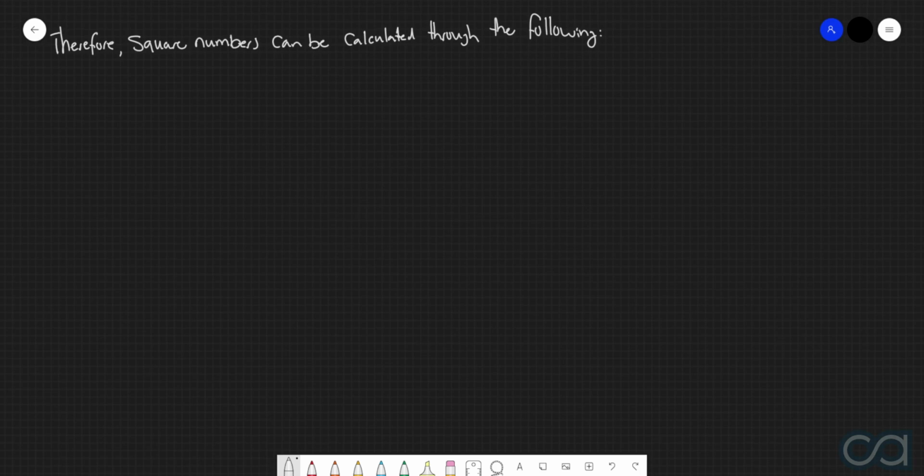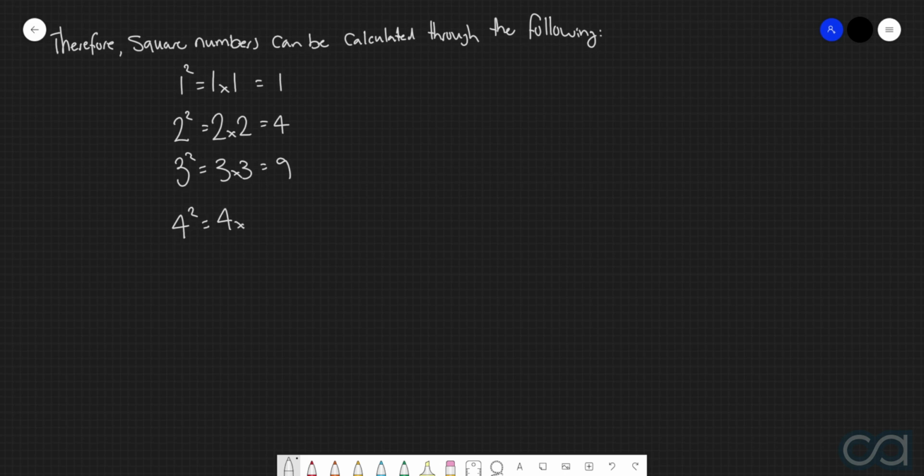So the first natural number is 1, so we'll do 1 squared, or in other words, 1 multiplied by 1, which is of course equal to 1. Then the next one, 2 squared, is equal to 2 multiplied by 2, which is of course 4. Then the next one, 3 squared, is 3 by 3, which is 9. Next one, 4 squared, which is 4 by 4, is equal to 16. And now we're just going to continue this pattern up until about 10 squared.